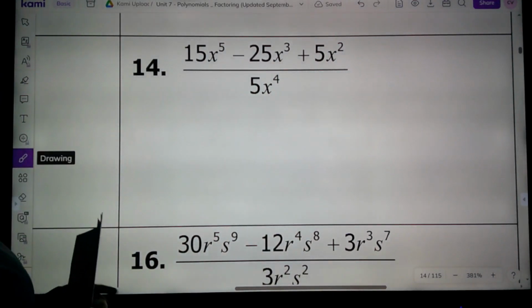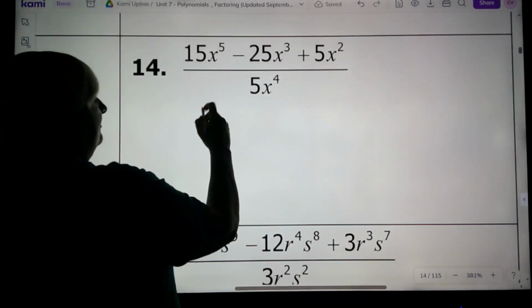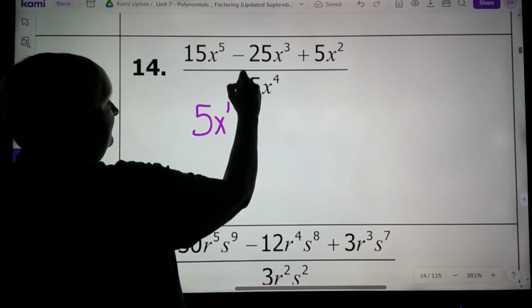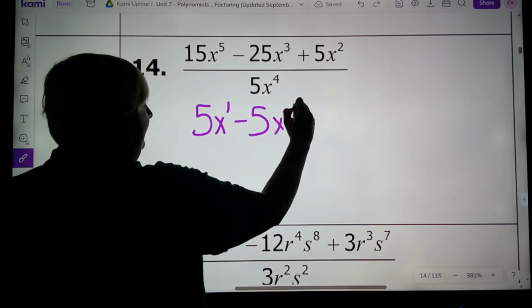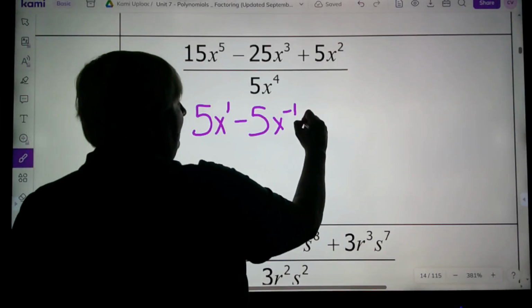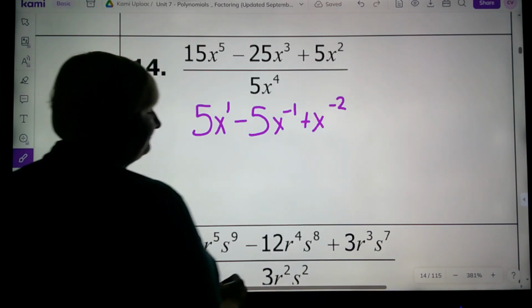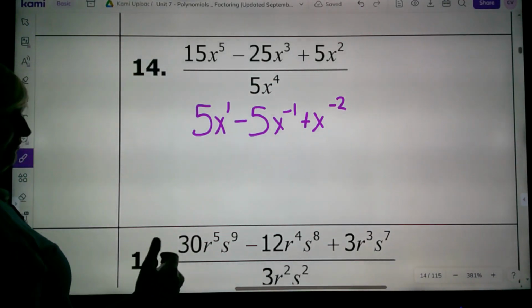See if you can work ahead of me and see if you can get it. 5 x to the 1st, negative 5 x to the negative 1st, 1 x to the negative 2. Now remember, you're just flipping the part with the variable, right?